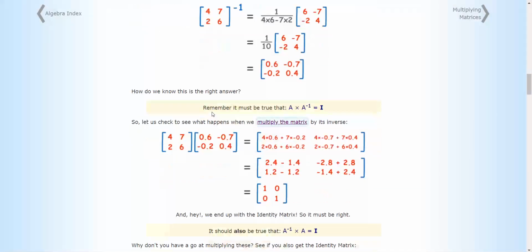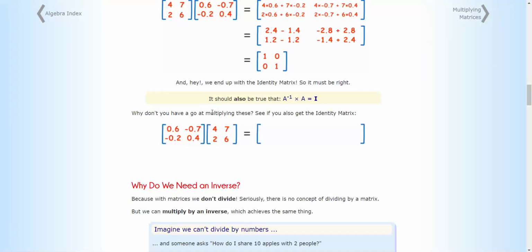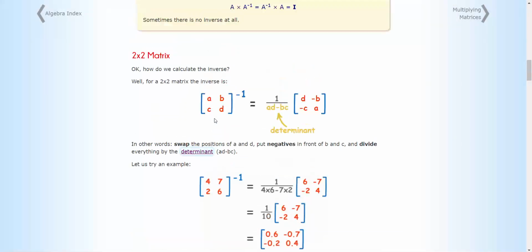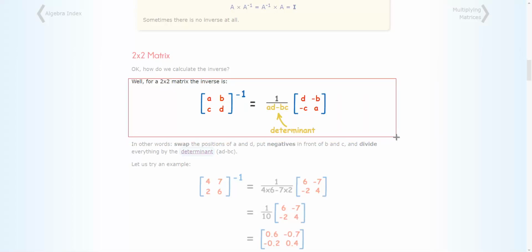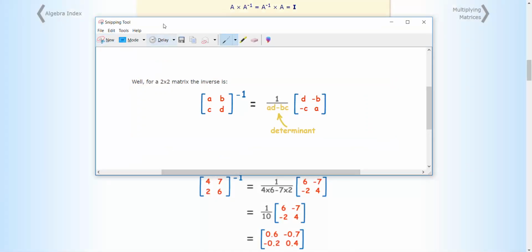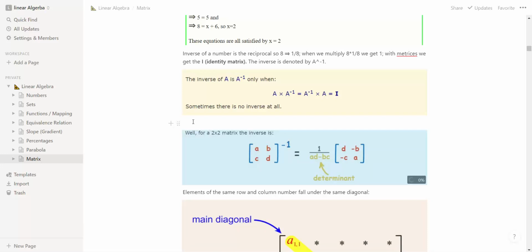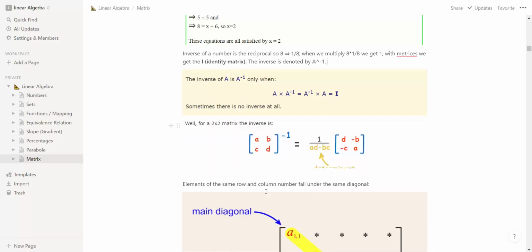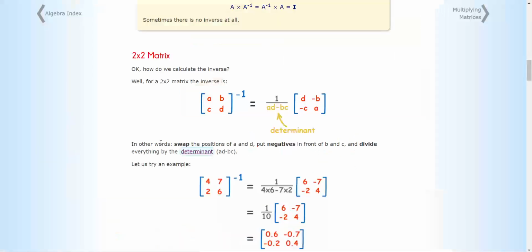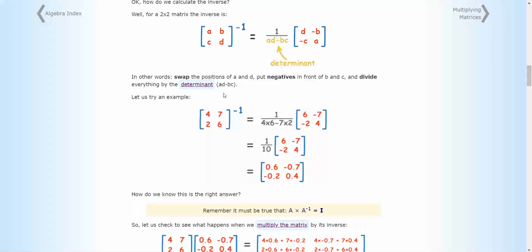Let's try this for a 2 by 2. So this example right here, copy it to where we need it. Determinants.